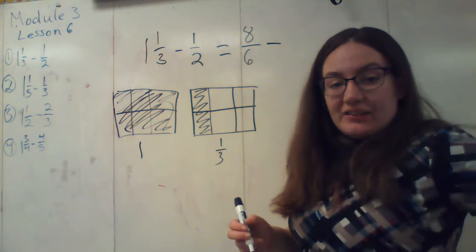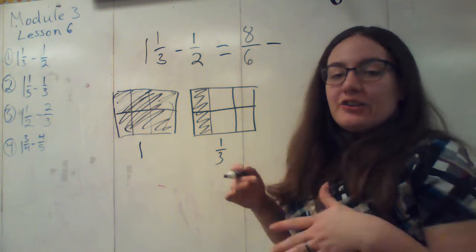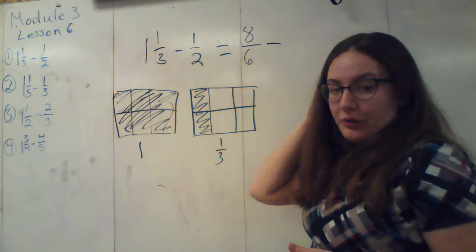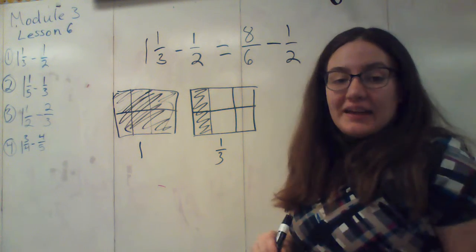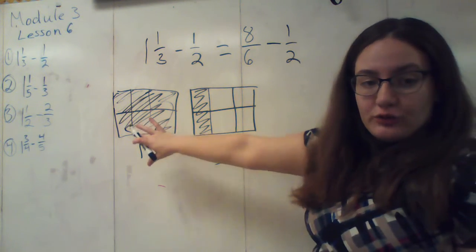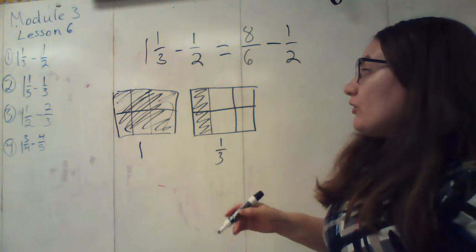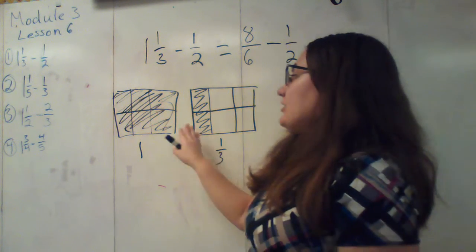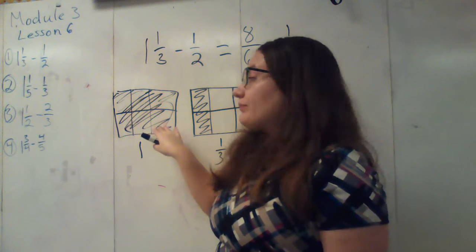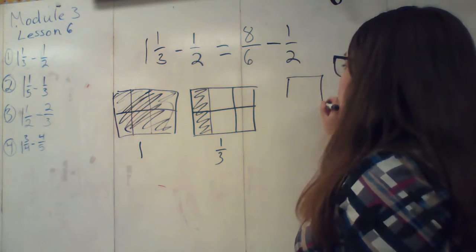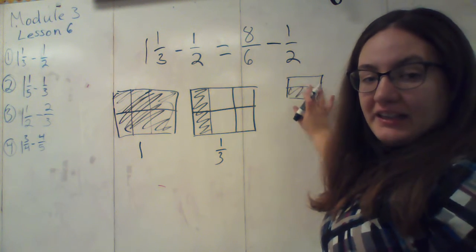And now I need to subtract. So if I need to subtract, there's going to be 2 different ways that I could show you this. I'm going to show you what numerically it would look like, and then what it would look like in picture form. So I'm going to start with the picture form of it. So imagine if I were just to subtract 1/2 off of this box. If I were to think about a box that was cut in half, that would be that 1/2 right there.